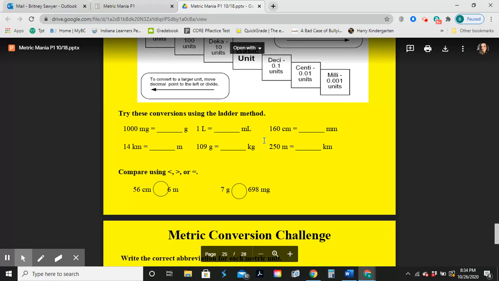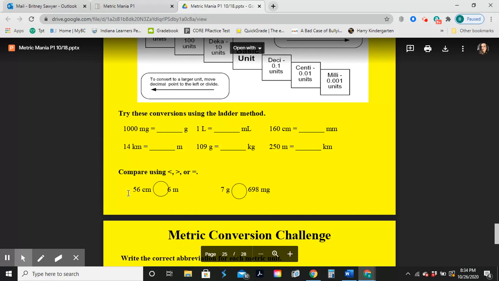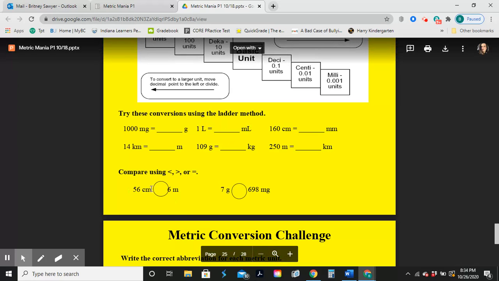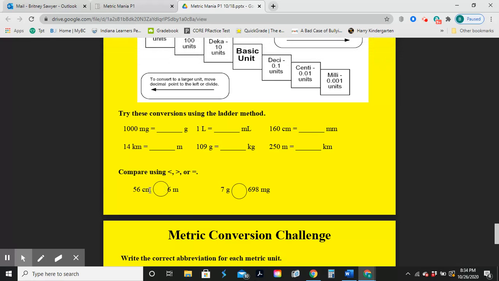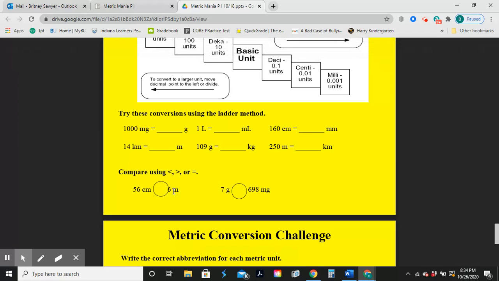You don't have to do this one right here, and you don't have to do this one right here. There you go. I'm giving you this one, so you can write skip on it. Then right here, you're going to decide which one these are: is it going to be greater than, less than, or equal to for these two?